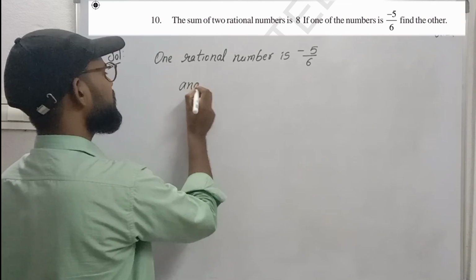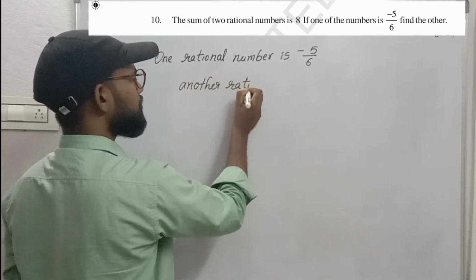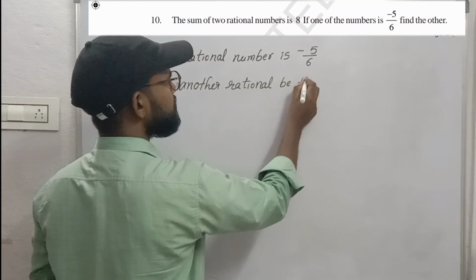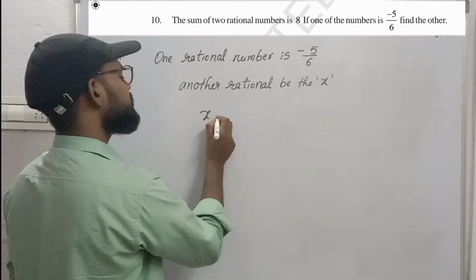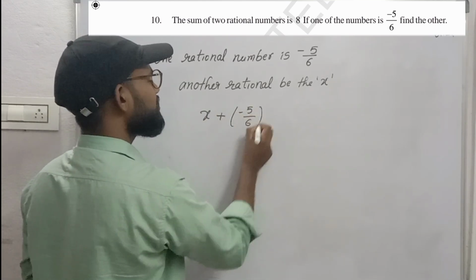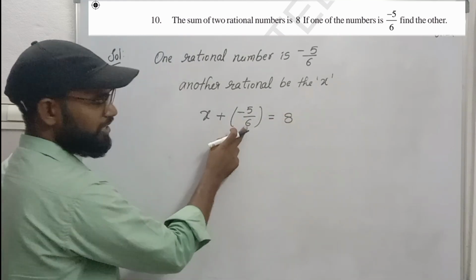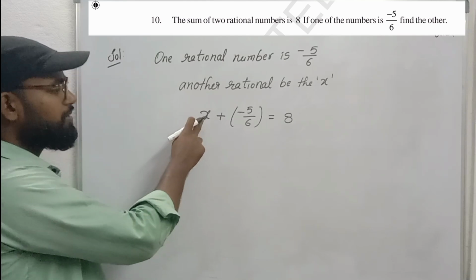Another rational number, let it be x. Okay, now the sum of the two rational numbers is already given. So what is the sum of the two rational numbers? 8. So one rational number is given, that is minus 5 by 6, and another unknown rational number is x.